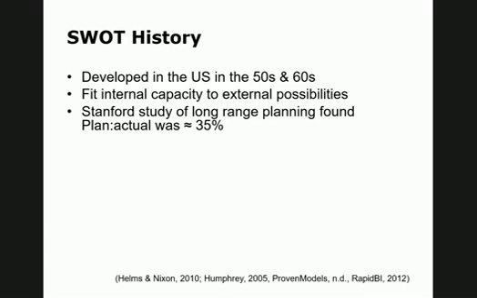It was a longitudinal study which looked at why planning was unsuccessful. Over 9 years, Stanford researchers interviewed about 5,000 managers in 1,000 companies and found the difference between what an organisation planned to do and what they actually accomplished was about 35%.